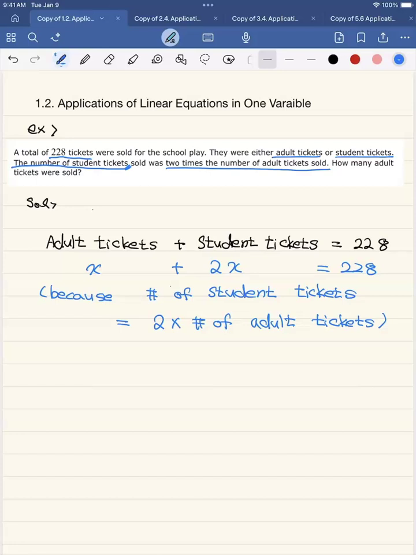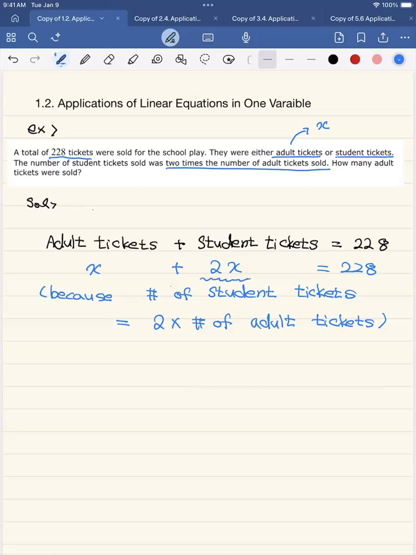So student tickets are determined by the number of adult tickets. So it's wiser to write the number of adult tickets as x. And then student tickets will be twice the adult tickets.